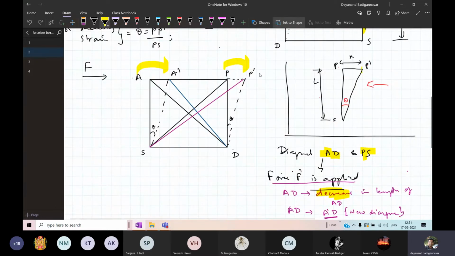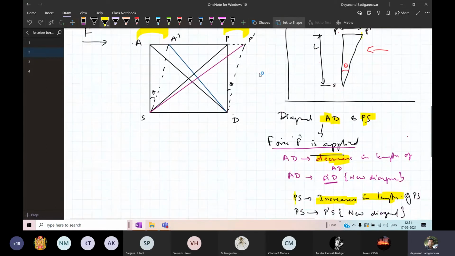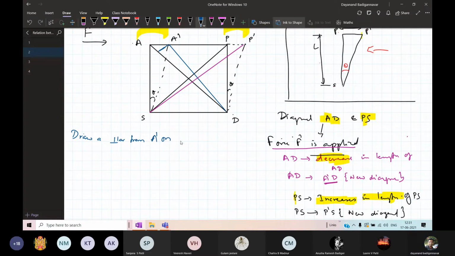Now I have to find how much is the increase in the length of the diagonal. For that, I have to draw a perpendicular from A dash to AD. First, draw a perpendicular from A dash on AD.